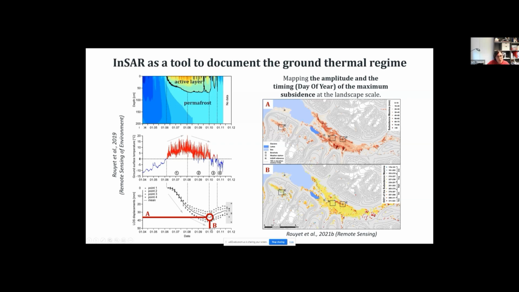But you can also focus on when it happened and map basically the timing of it, which also can be of interest for different users. If we imagine doing that systematically each season, then you can have information on how it changed between years.